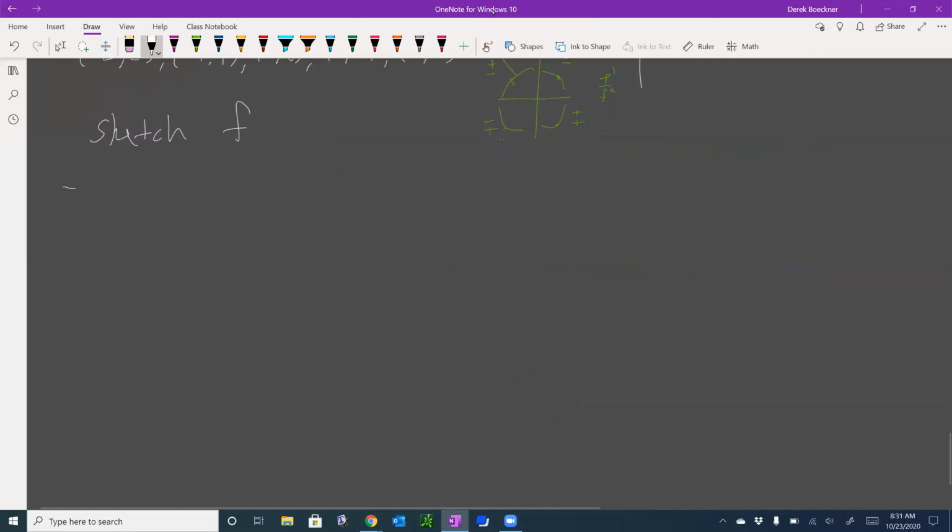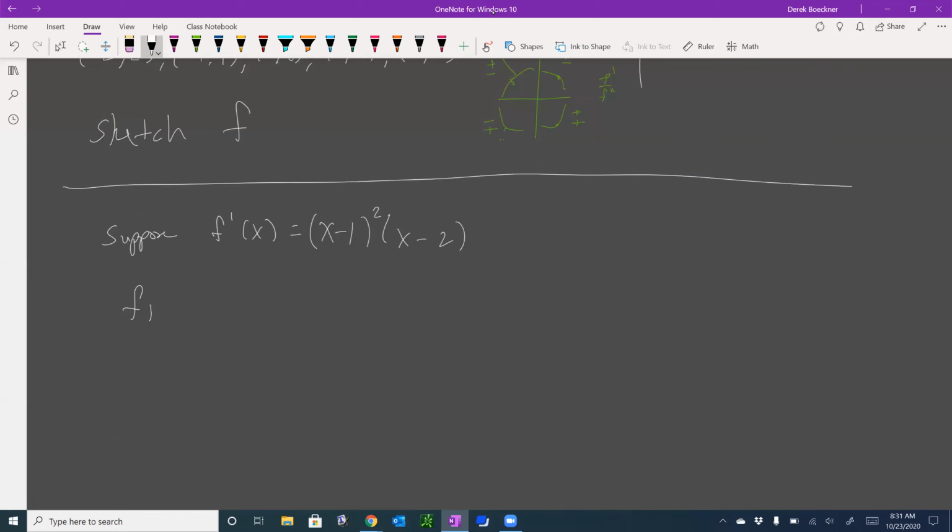Let's find inflection points. So it gives us this derivative and it tells us at what points, if any, does the graph of f have a local maximum, minimum, or point of inflection?